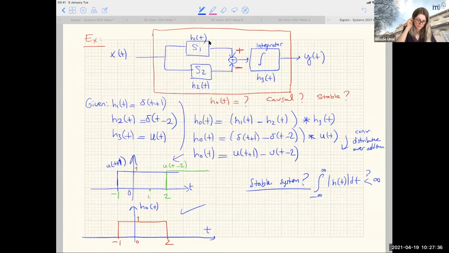Here, the integral from minus 1 to 2 of 1 dt gives an area of 3. So it's a stable system.